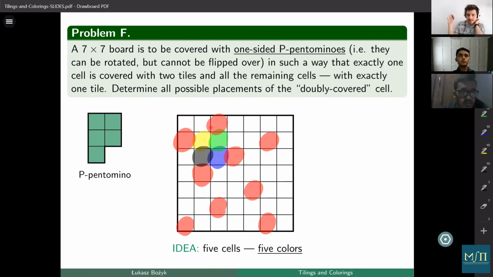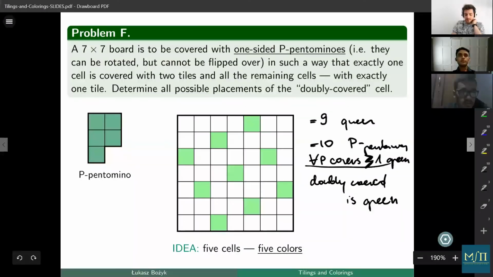No overlapping rules apply to the problem, except for this one special place where we have possibly two tiles. Oh, okay. But we trace this overlapping in the reasoning, saying that we have 9 green squares and 10 tiles. So the one and only overlapping should happen on one of those 9 squares. Okay, sir. Thank you.